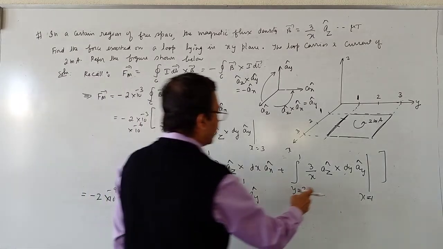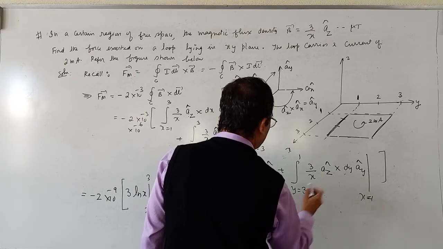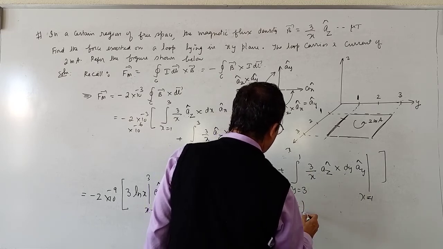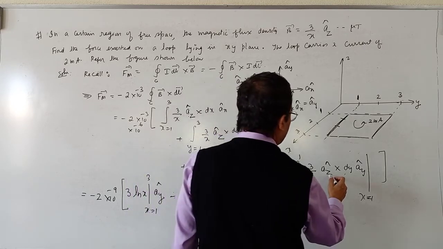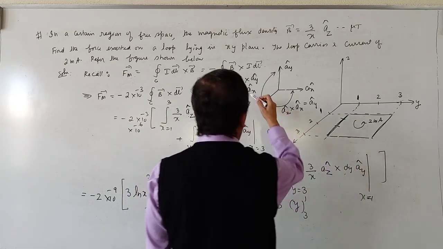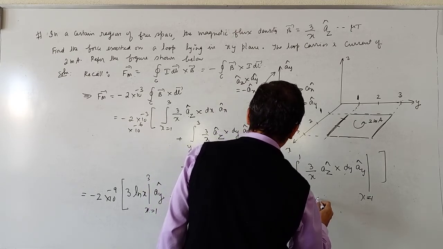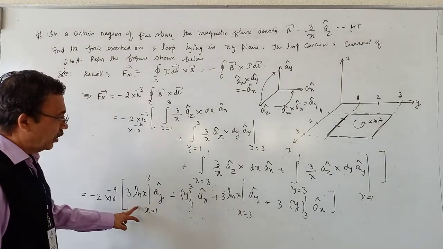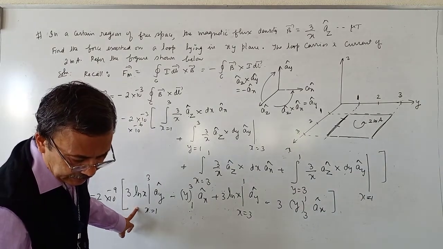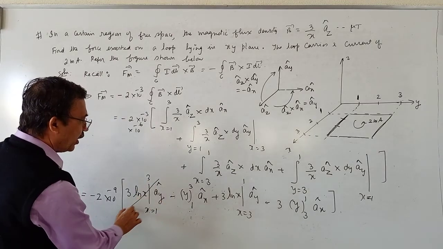Next, come over here. If you put x equal to 1, this becomes 3 times dy. If you integrate, you get y from 3 to 1. Az cap cross Ay cap is minus Ax cap. So now these two integrals will get cancelled out.